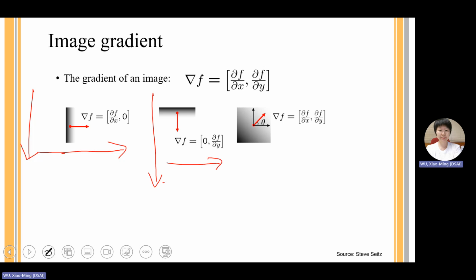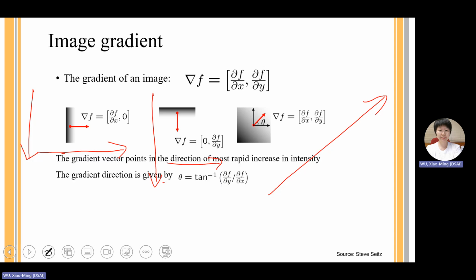For the third image, it increases most rapidly along the diagonal direction. All right, so what can you observe? The gradient vector points in the direction of most rapid increase in image intensity.